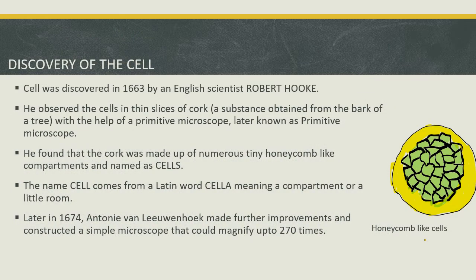This is the history of the cell. The person who discovered and observed cells through his microscope was an English scientist. His name is Robert Hooke, in 1663. He observed thin slices of cork through a primitive microscope which he made.